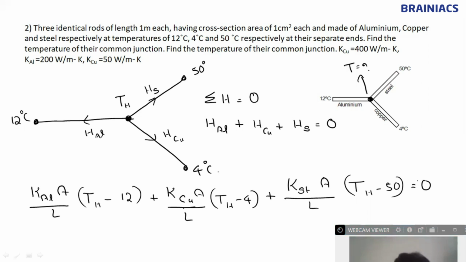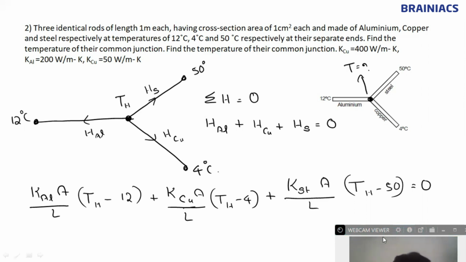So whatever is entering will be leaving. So sum of all the currents will be equal to 0. Clear or what? So now we can simplify this.